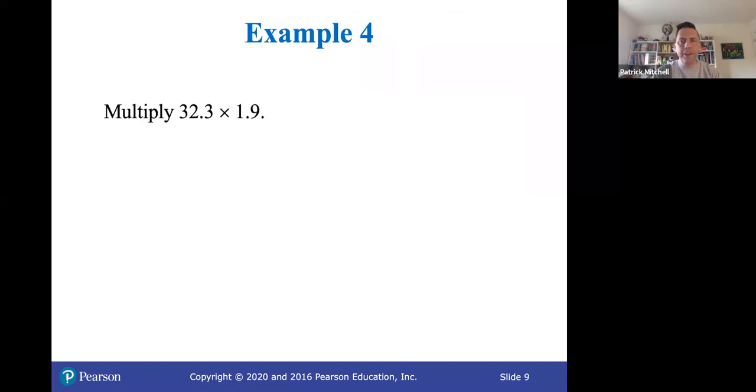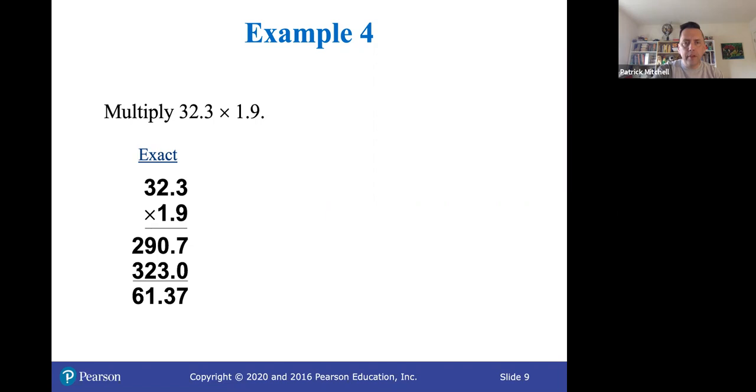All right, here's one that you can try if you're feeling frisky. Find the exact product and also an estimate. Okay, so there is the exact product. I just noticed this. I don't like these decimal points here.